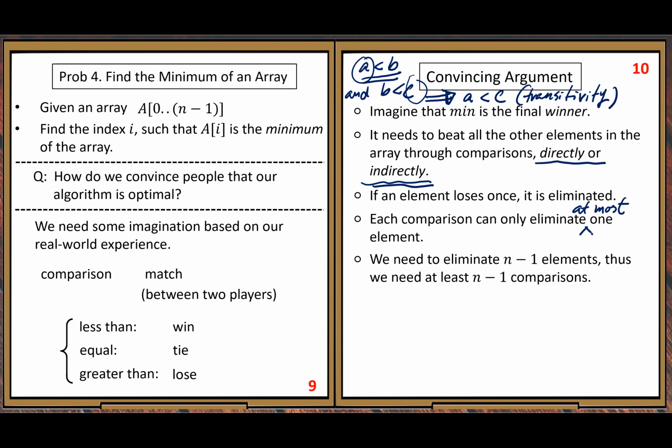So then we can say, after all these statements, the best solution is n-1, and our current solution is the best because it has exactly n-1 comparisons. We tried very hard, you can see.